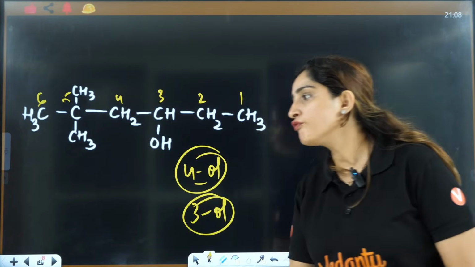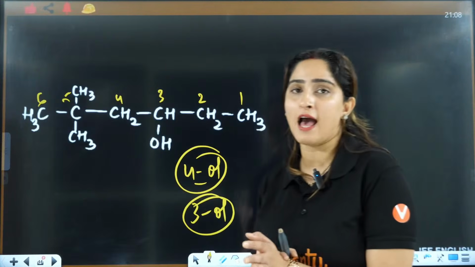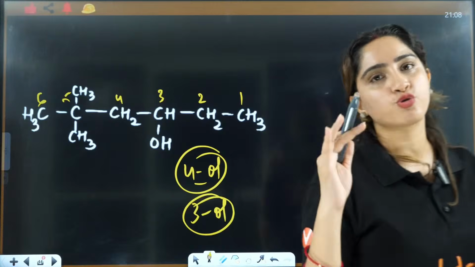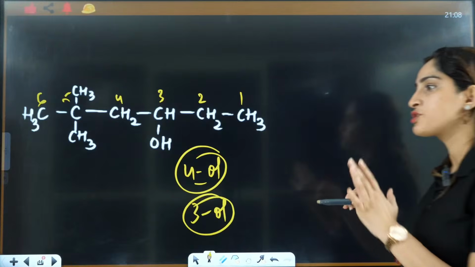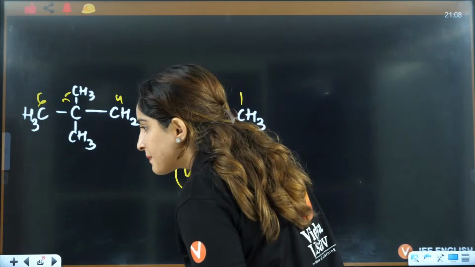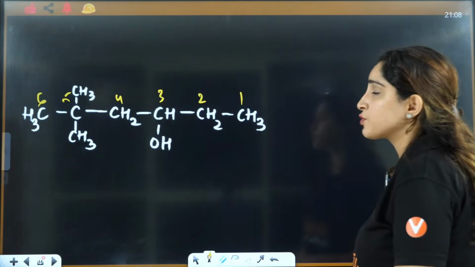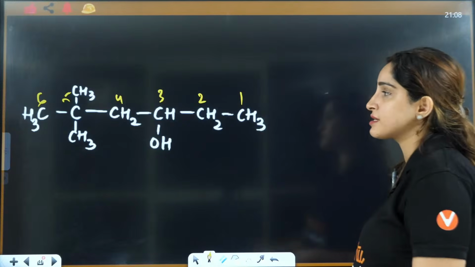Now I told you functional groups always have highest priority. So you will always choose the functional group like this, okay? You will always choose 3 ol here, right? You will always choose the functional group with the lowest number.